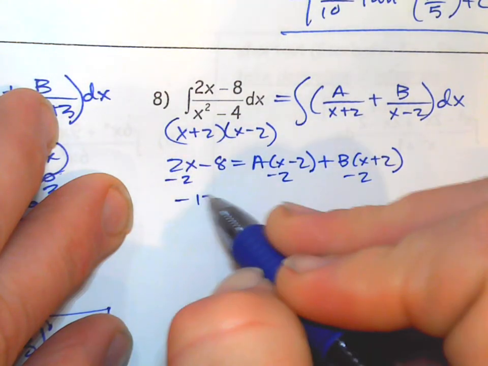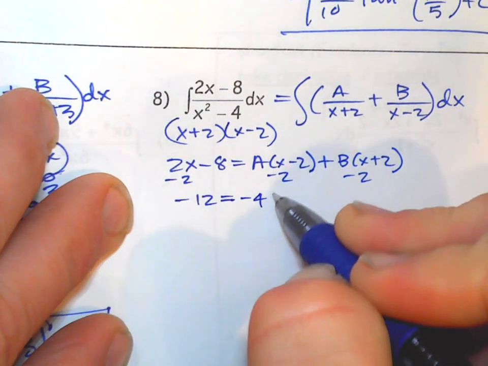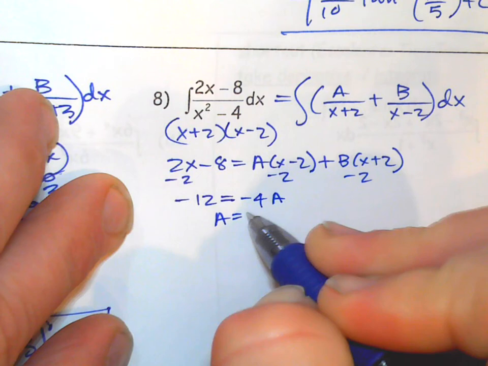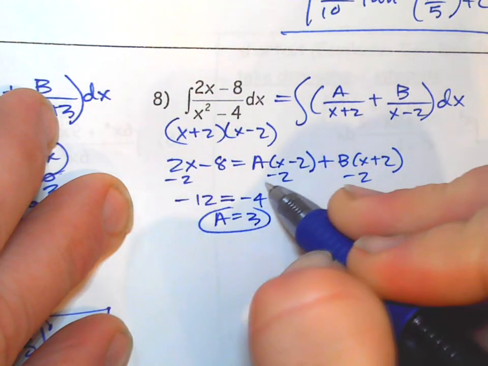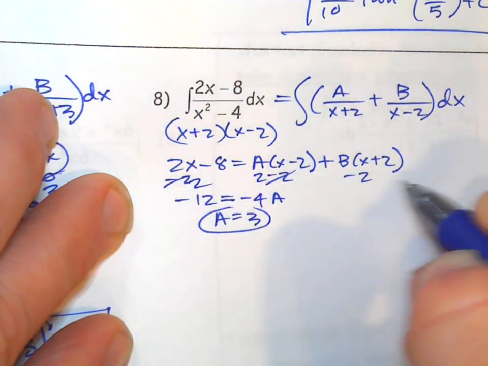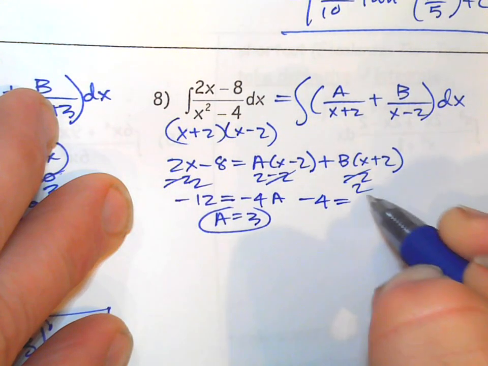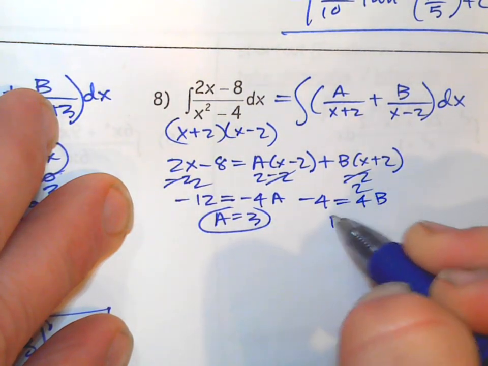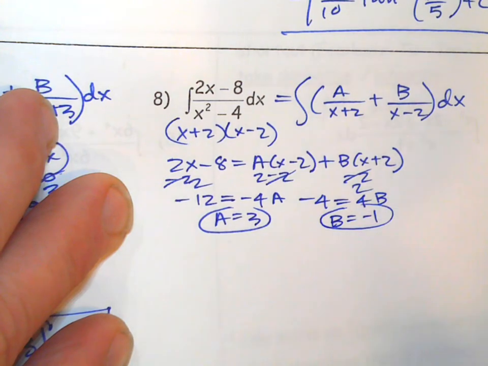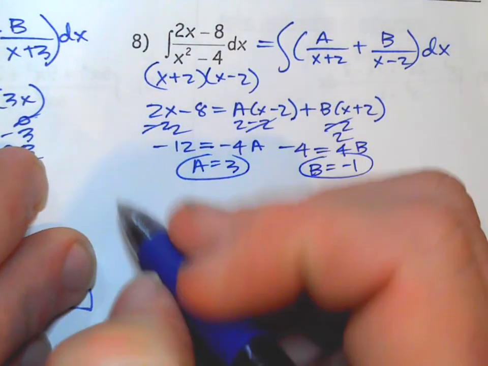It's going to be negative 12 equals negative 4a. A equals 3. We plug 2 in. That's going to be negative 4 equals 4b. B equals negative 1.